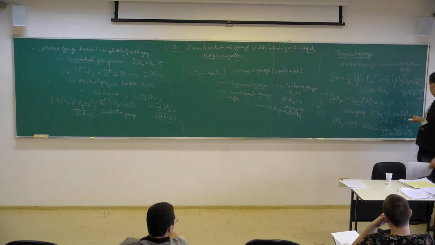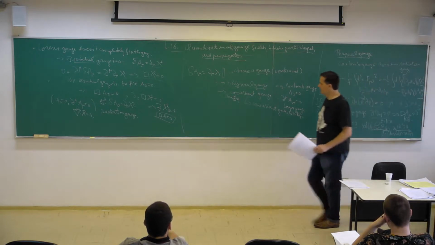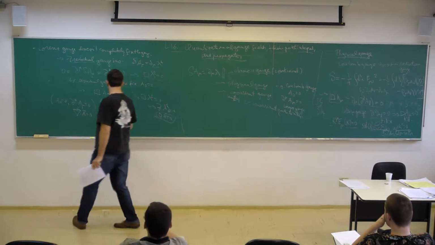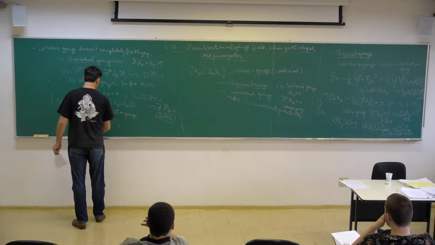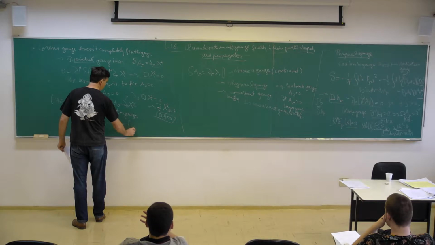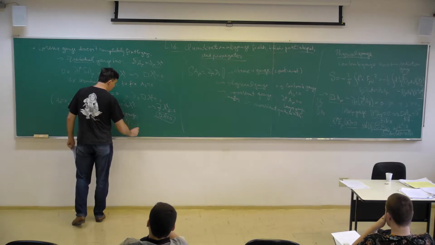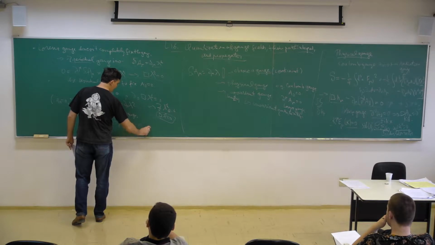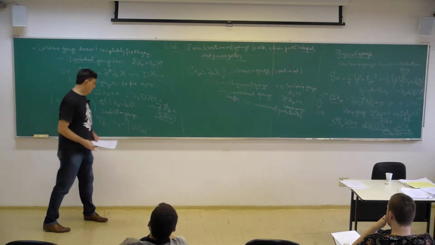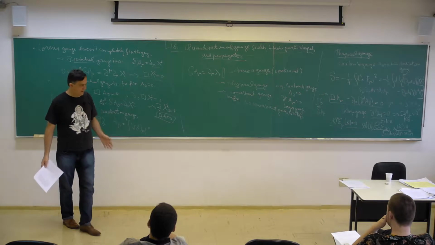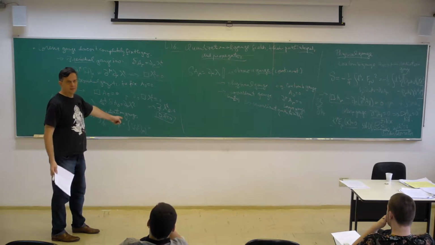So in the Lorentz gauge, if there would be a J^μ, I find that A^μ is, well, quote unquote, box to the minus 1 acting on J^μ, which would mean some sort of Green's function, right?